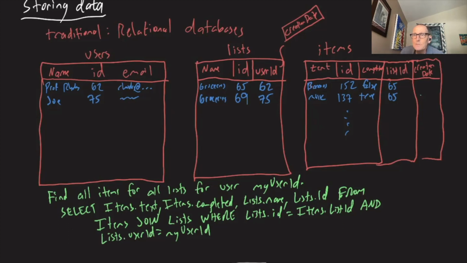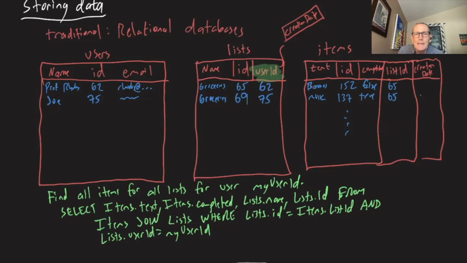Okay. Now we'd have to organize it differently if, for example, we could share lists, right? If we wanted to share lists between users, then all of a sudden, having this user ID in the list is no good, right? Because lists don't belong to a particular user, they can belong to multiple users.